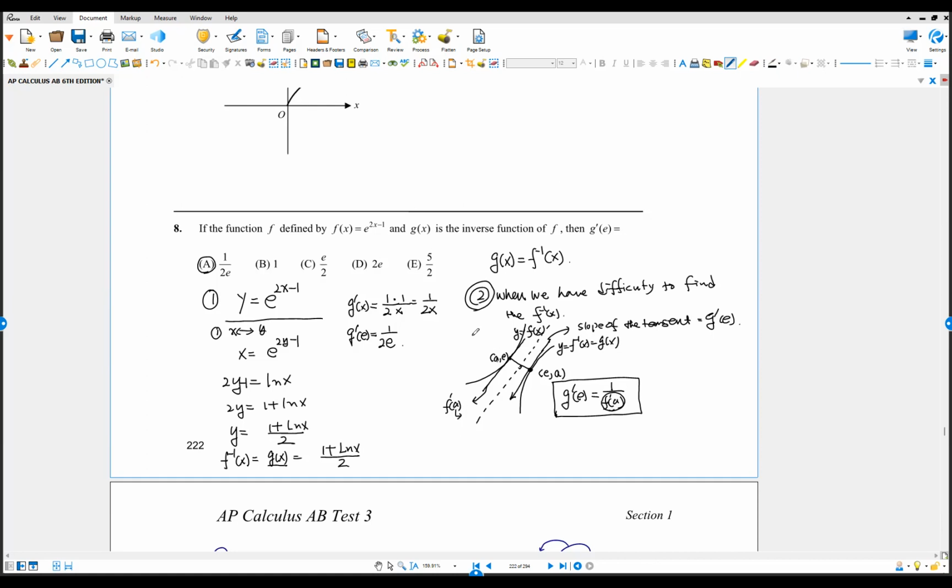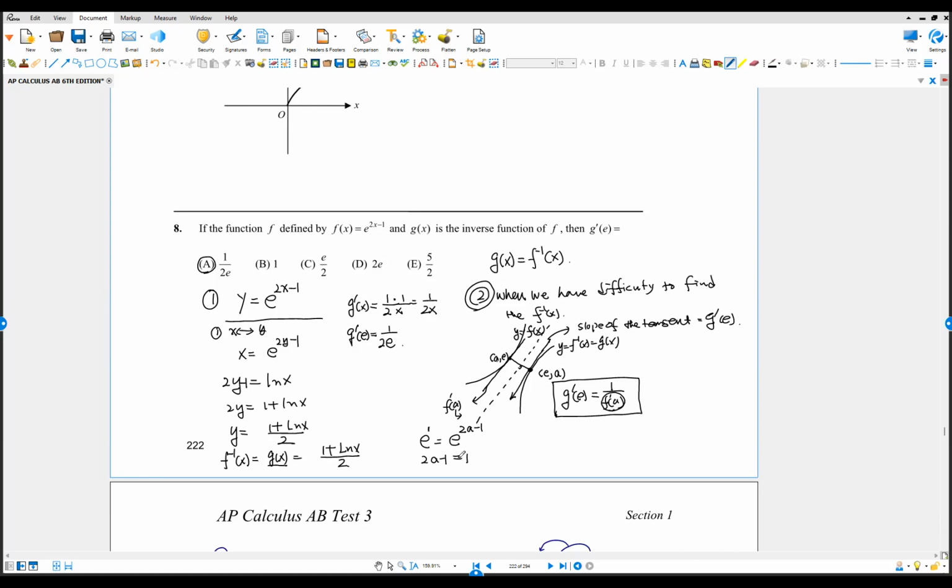So when x is a, y is e. From here, e equals e to the 2a minus 1, isn't it? From here, 2a minus 1 equals how much? Over here, 1.